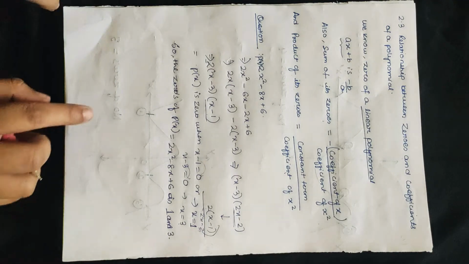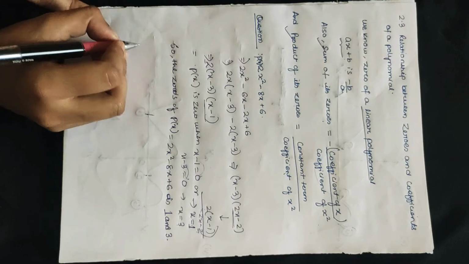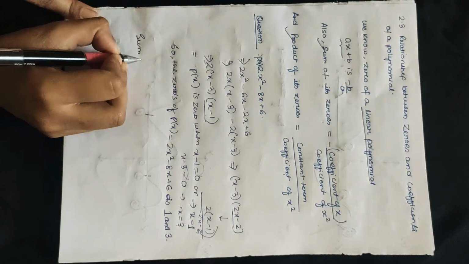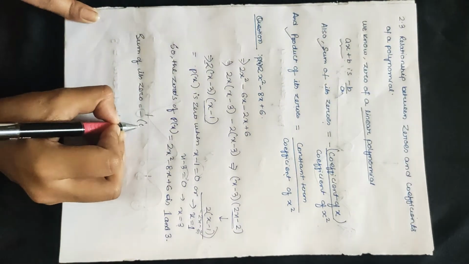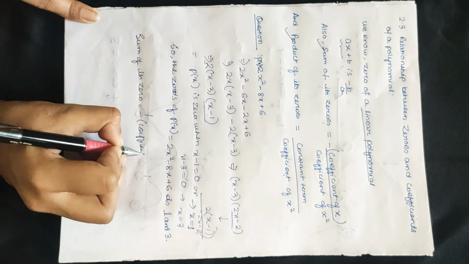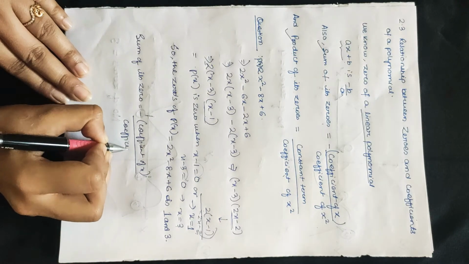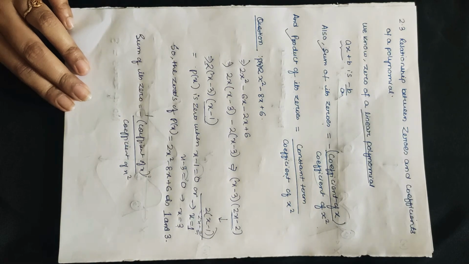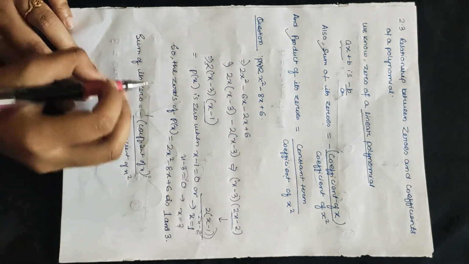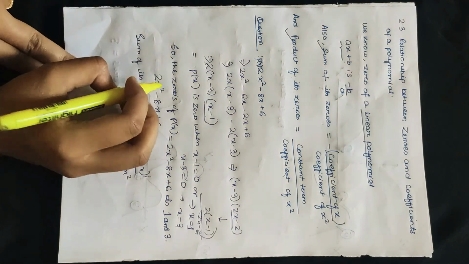Let us now find the sum of its zeros and the product of its zeros. First of all we will find the sum of its zeros. The formula is minus coefficient of x by coefficient of x square. So how do we find the coefficient of x and the coefficient of x square? Let us consider the polynomial here.